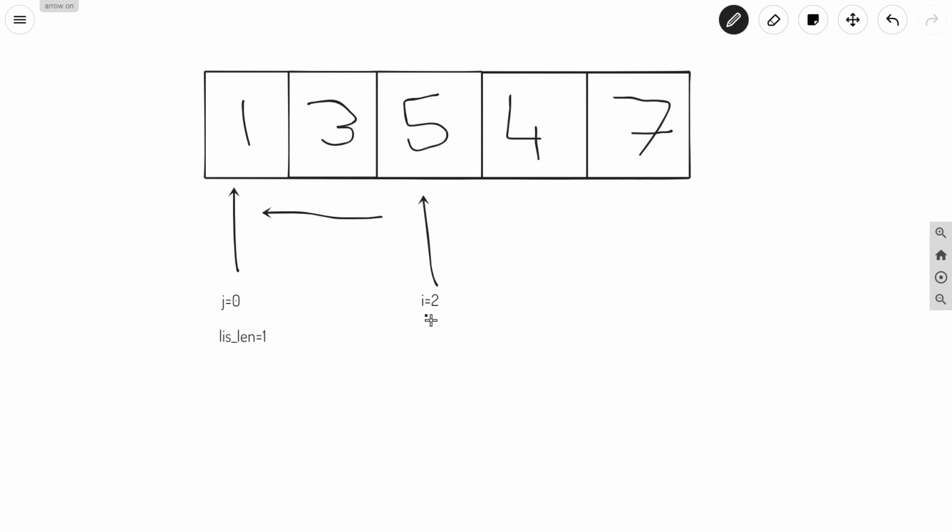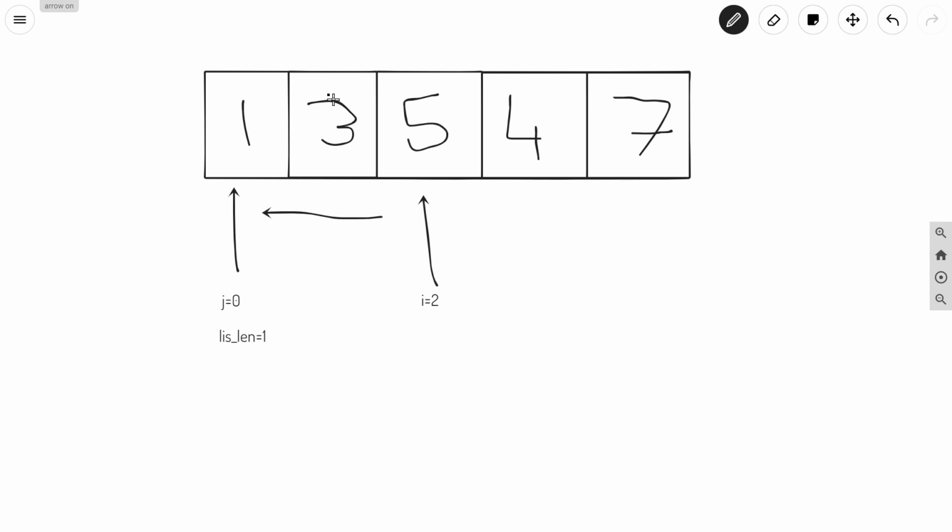When we are on index 2, we iterate over the left part, and for all the elements which are smaller than this element 5, we can make a longest increasing subsequence by adding this 5 at the end of the longest increasing subsequence of any index at the left part.